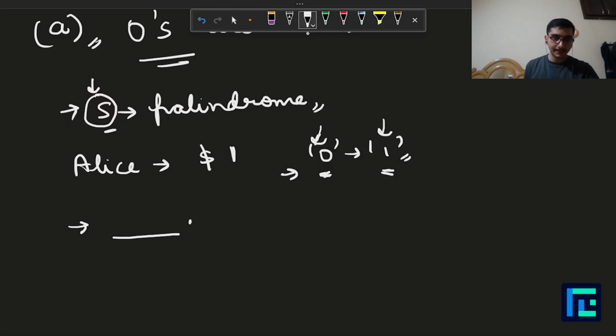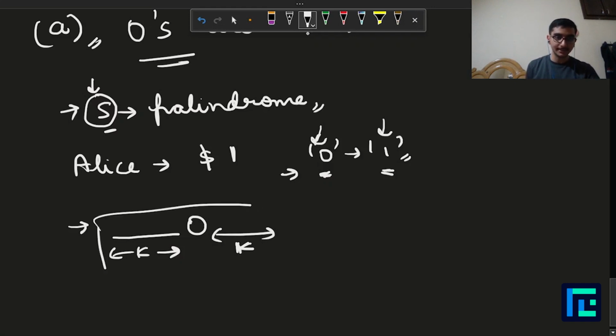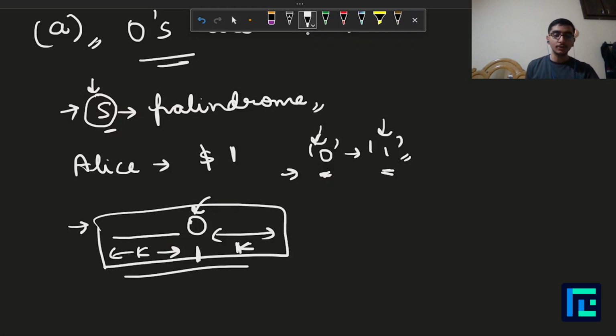So we had, let's say, some k number of characters here, this 0 here, and some k characters here. If we consider that this string was already a palindrome, even if we convert this 0 into a 1, the new string will also be a palindrome, right? This is the only case.